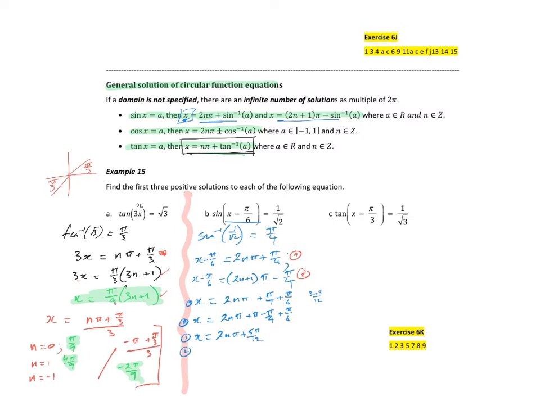We've got a pi minus pi on 4, which is 3 pi on 4. Make them both over 12, so it becomes 9 pi plus 2 pi. So x will be equal to 2n pi plus 11 pi on 12.